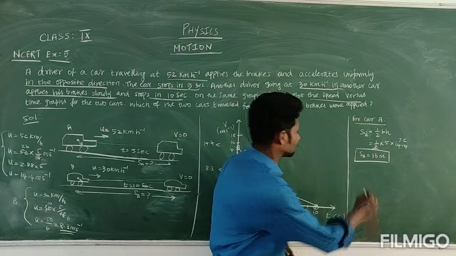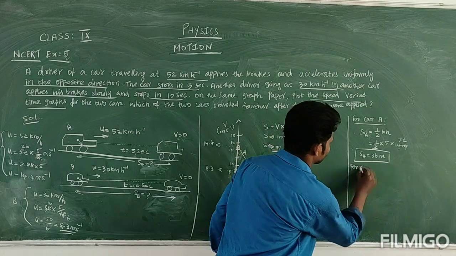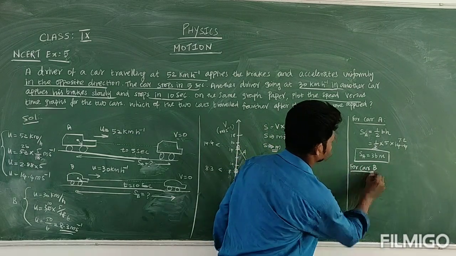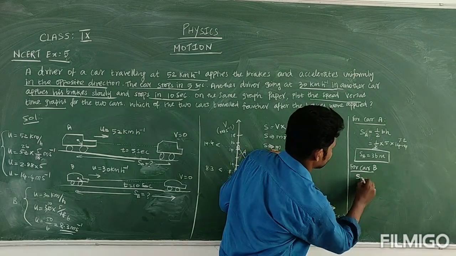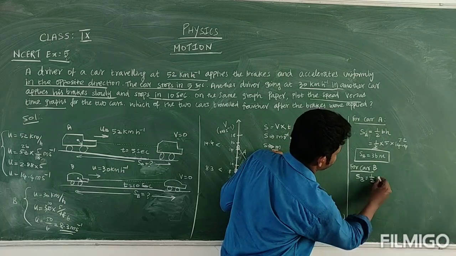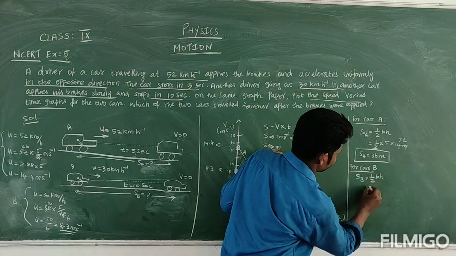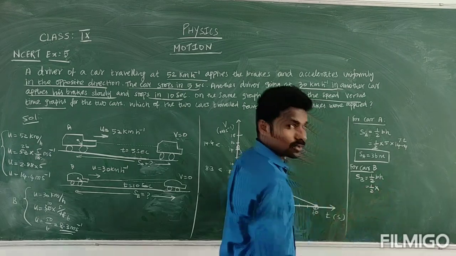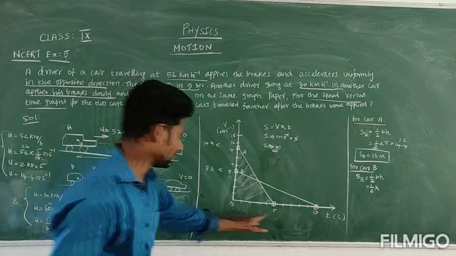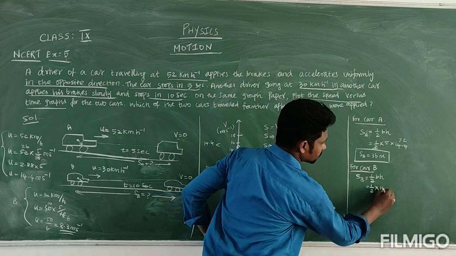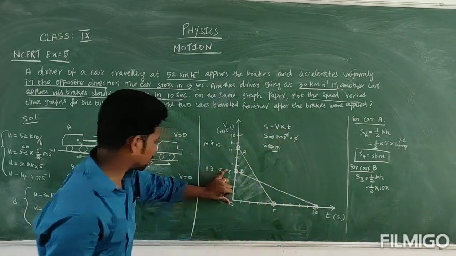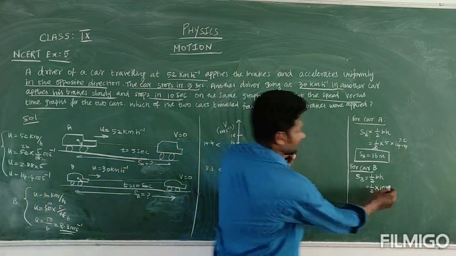Like that for car B, the distance travelled by car B is equal to the same formula, half into BH. So half into, what about the base value? Here the base value is 10, into the height value, which is 8.3.